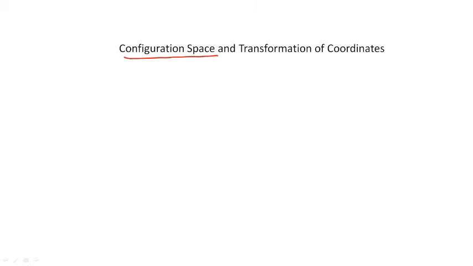To define the configuration space, let us assume that there is a point placed in three-dimensional space. This is the origin, this is the x-axis, this is the y-axis, this is the z-axis, and there is a point.